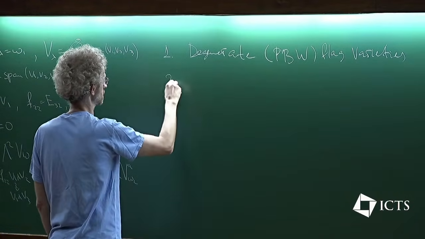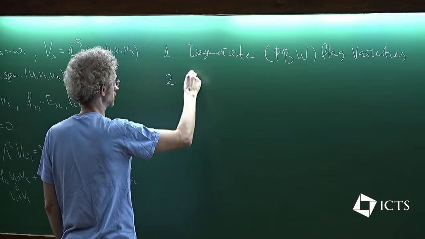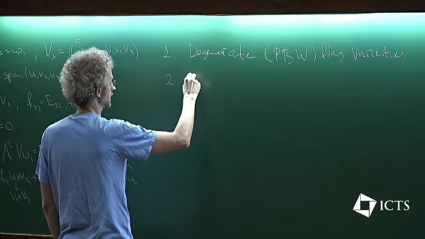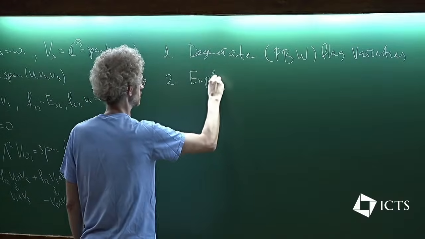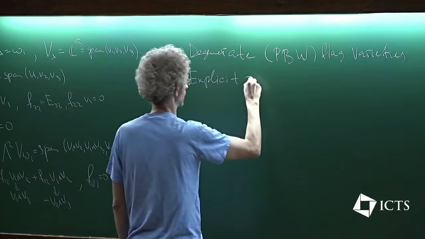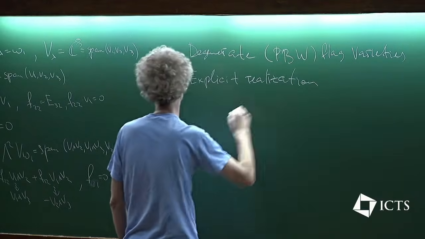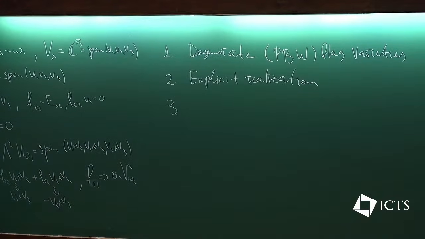Then we'll describe some examples, and we'll give the explicit realization. And then we'll see that this has to do with quivers, with path algebras.